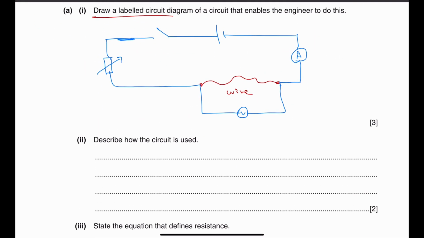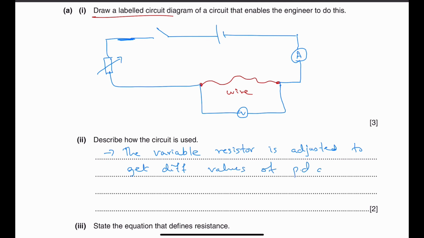So describe how the circuit is used. We'll just say the variable resistor is adjusted to get different values of PD and current. And how do you measure the current and the PD?